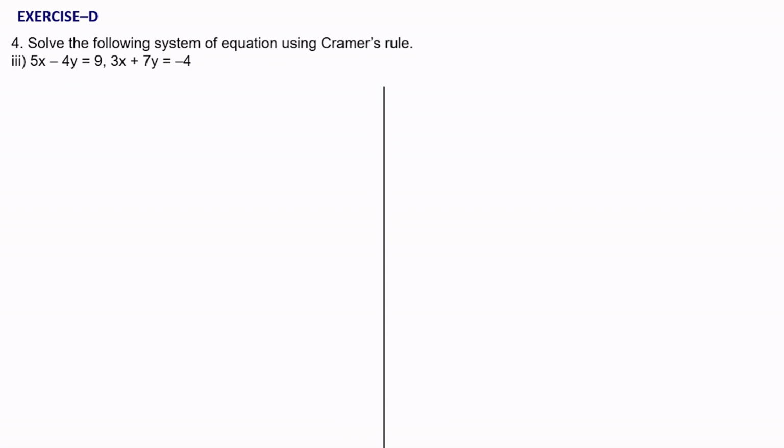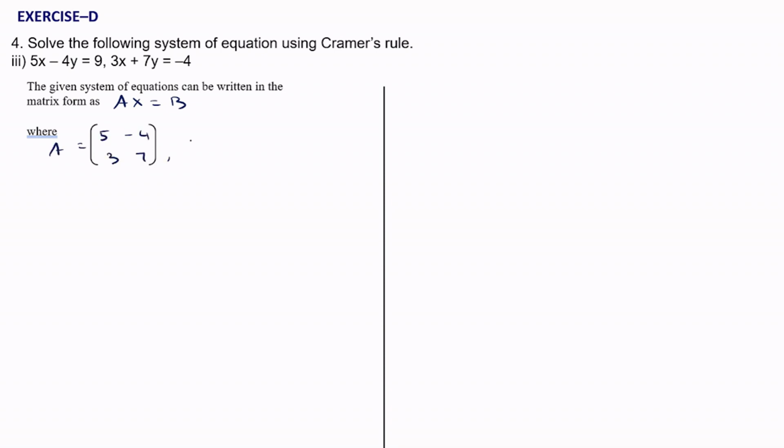Next question, 5x minus 4y equal to 9, 3x plus 7y equal to minus 4. The given system of equations can be written in the matrix form as Ax equal to B, where A equal to 5 minus 4, 3, 7, X is x and y, and B is 9 minus 4.